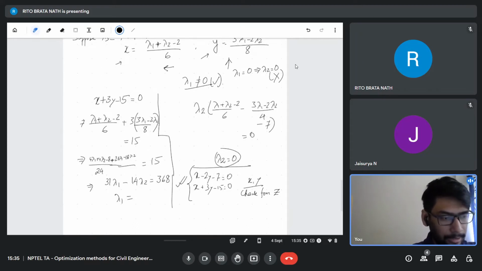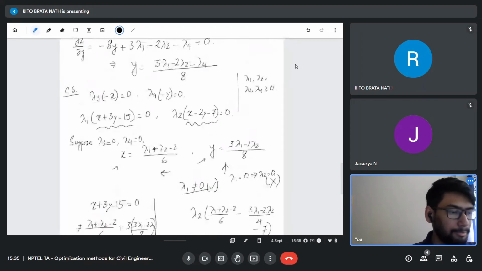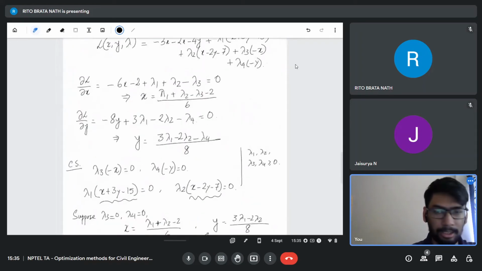So here, as you can notice, we have satisfied all the conditions of optimality: the gradient of the Lagrangian has to vanish, and primal and dual feasibility, complementary slackness. But ultimately, you have to check for which condition you are getting the maximum value. Probably this is happening because of local minima or something.